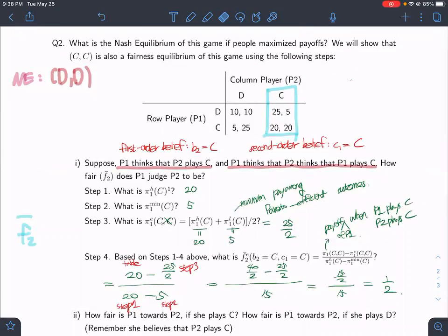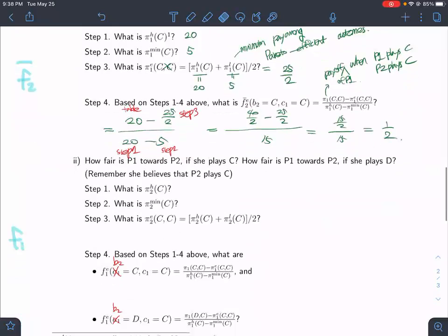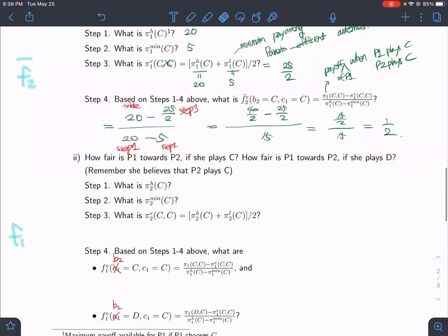Okay, let's move on. I think this was not a typo. That's fine.